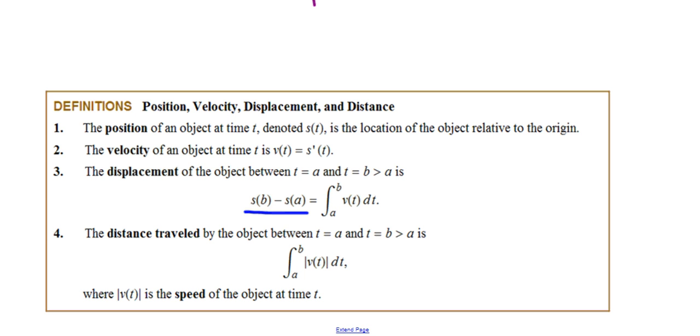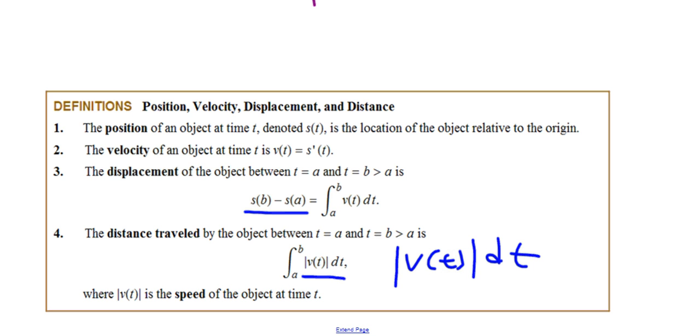So this is displacement. And then the distance traveled is going to be the total area, or the absolute value of this. And that is the key difference here.